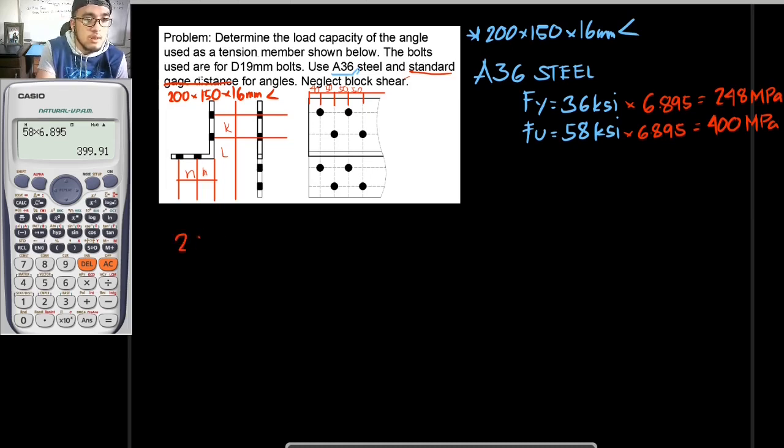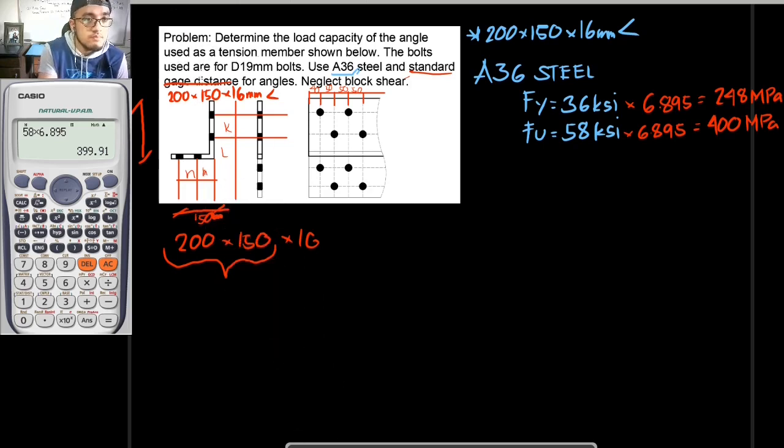So this is actually all we need to know: this length and this length. As you can see, this would be the longer part, so this is the 200 millimeters, and this is the 150 millimeters.